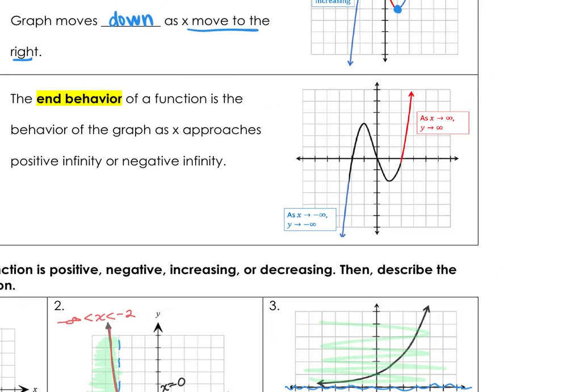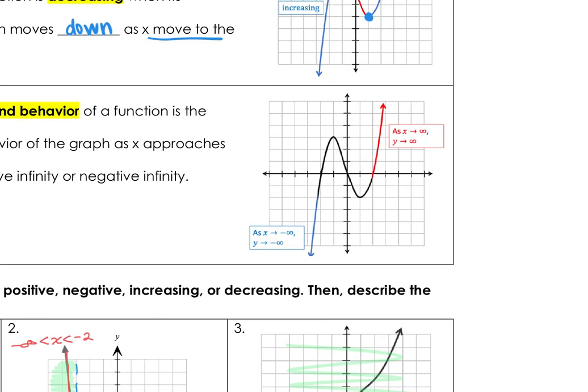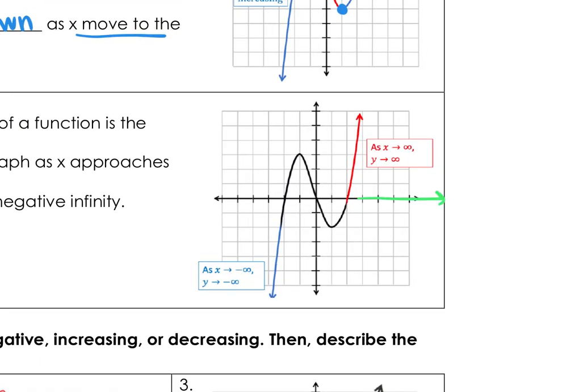When we're looking at x approaching positive infinity over here, we are looking at the right side of the graph. As x approaches positive infinity, the arrow on the right side is pointing up, which means my y is approaching positive infinity.